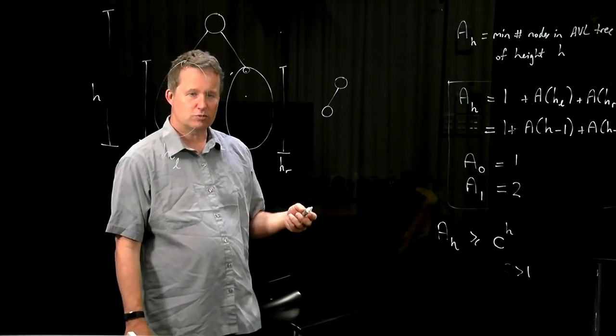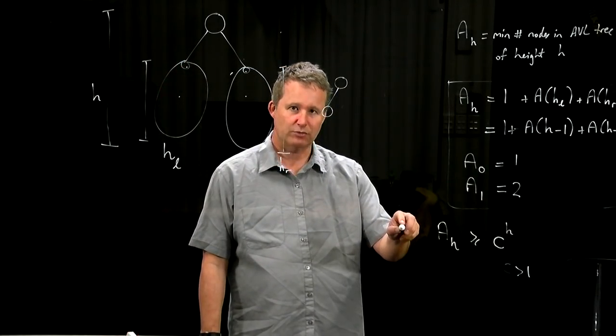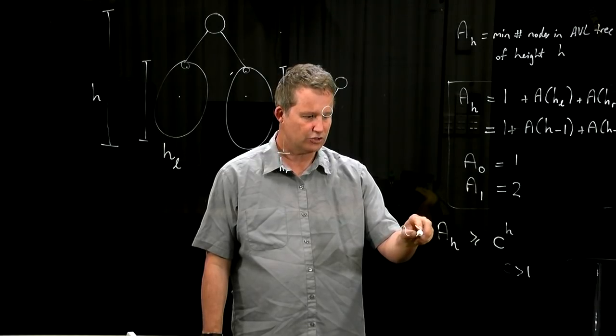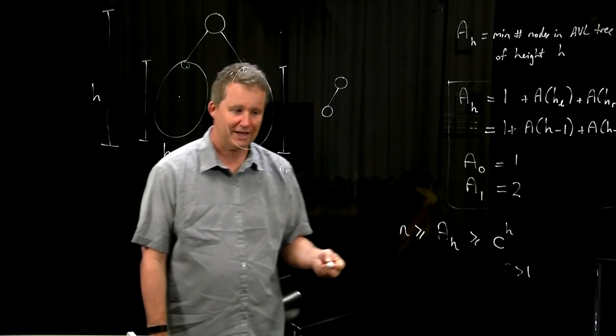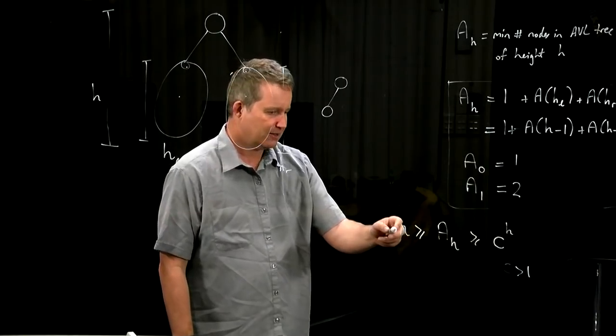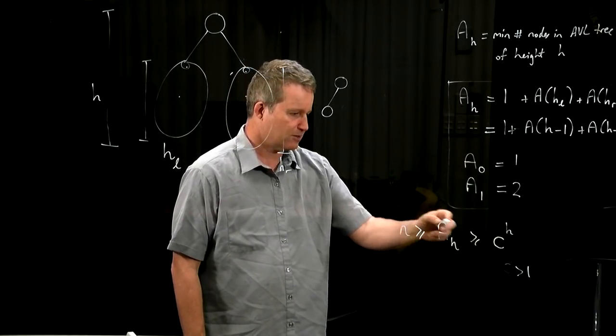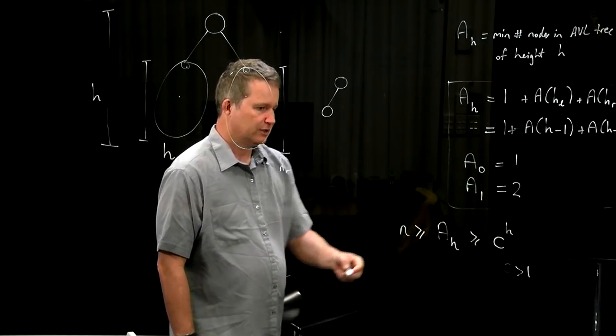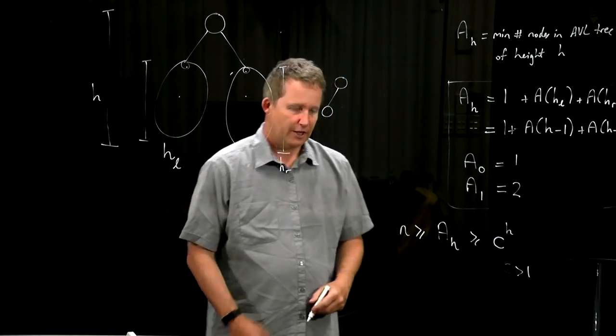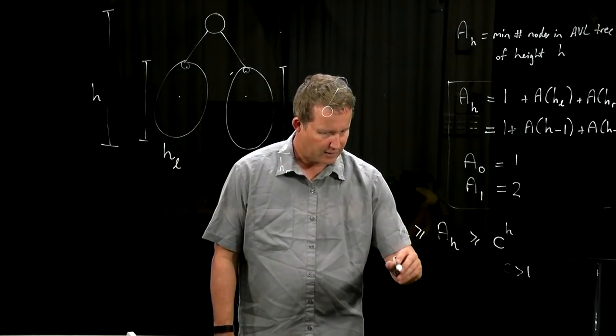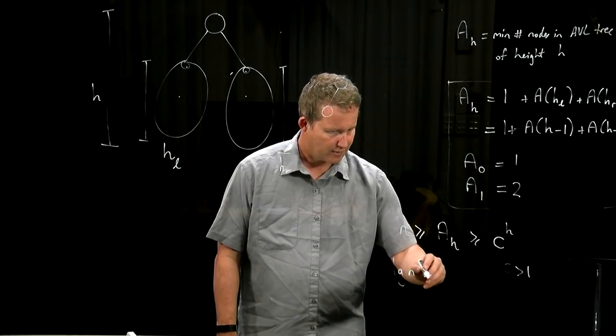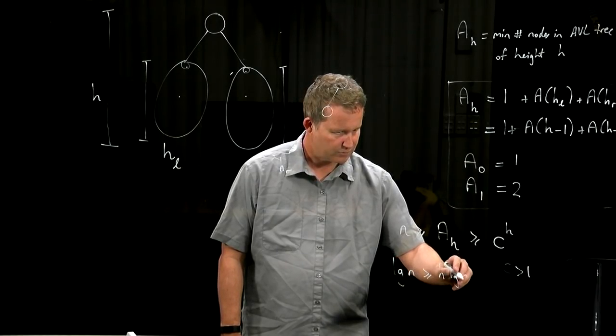Now finally, we just want to show that if we have any AVL tree with n nodes and height h, what's the relationship between n and h? Well, n has at least as many nodes as a minimizing tree of that height, so it's at least as many as that. And if you take the binary log, you're going to get that log n is greater than or equal to h times log c, which is some constant.